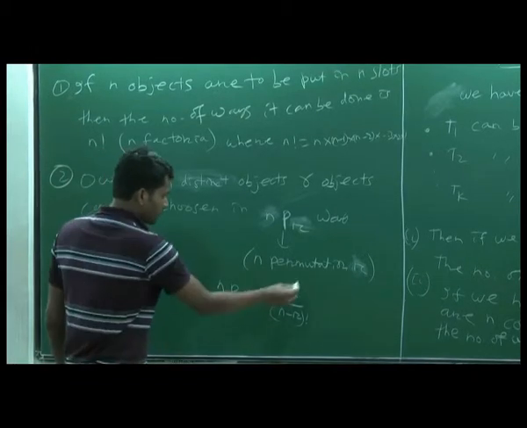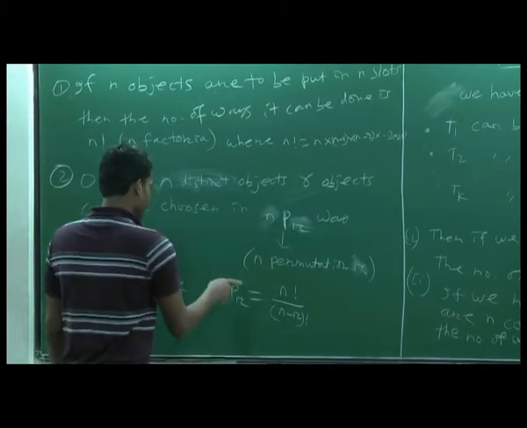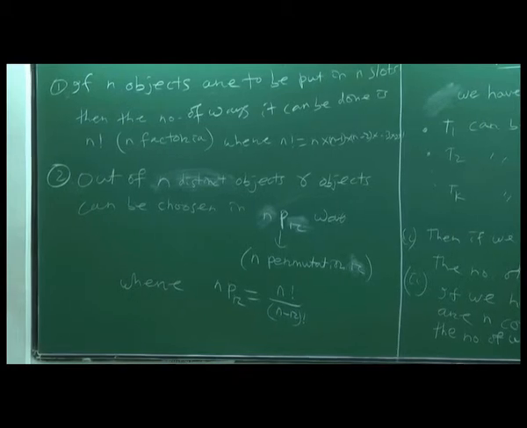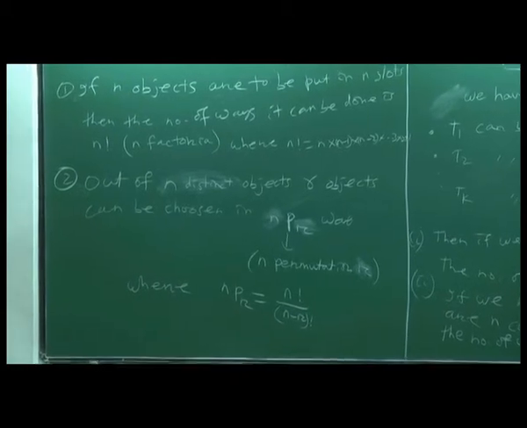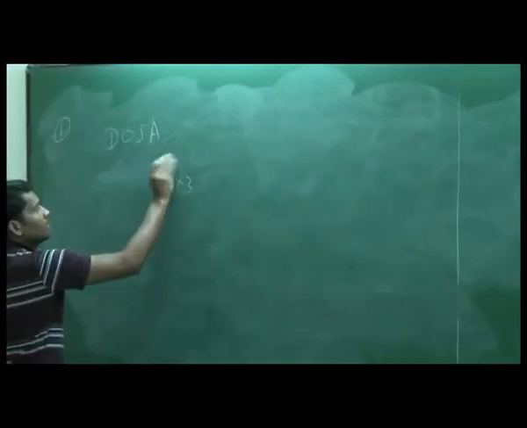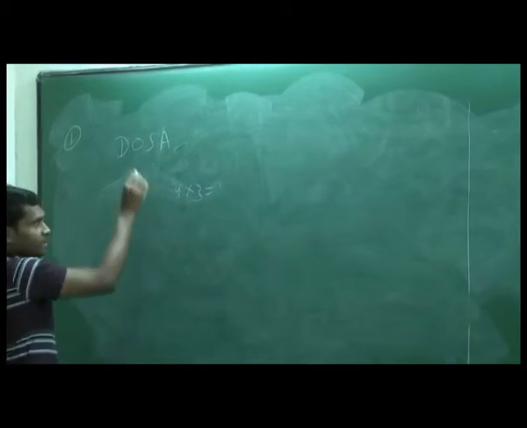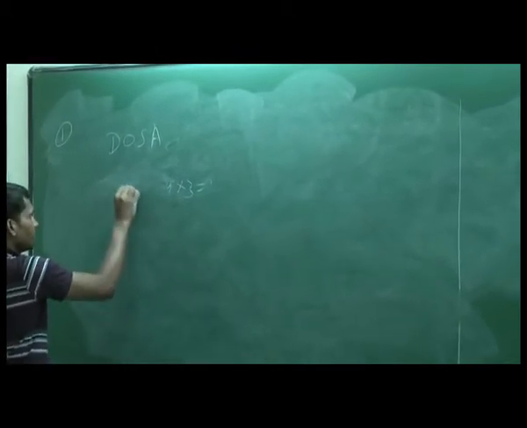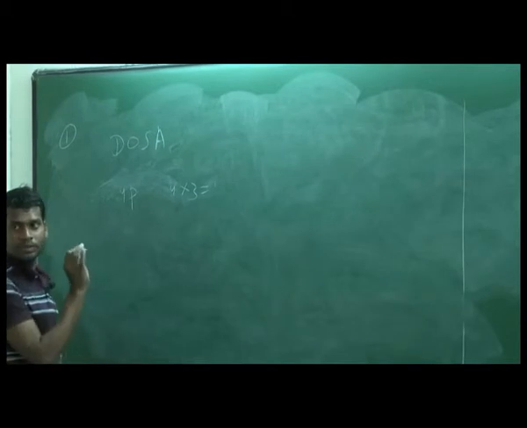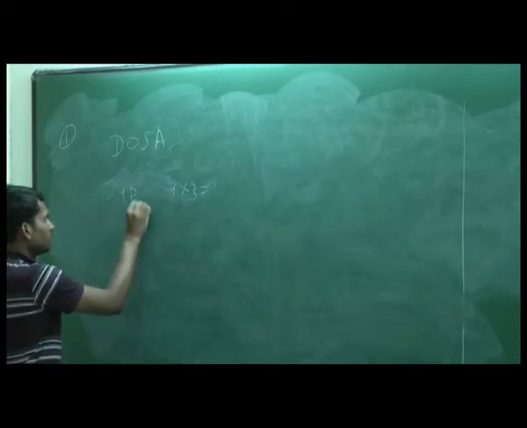How do you get this number? While we were doing this problem, 2 letter words, 4 into 3. There are 4 alphabets, and we have to choose and arrange 2.